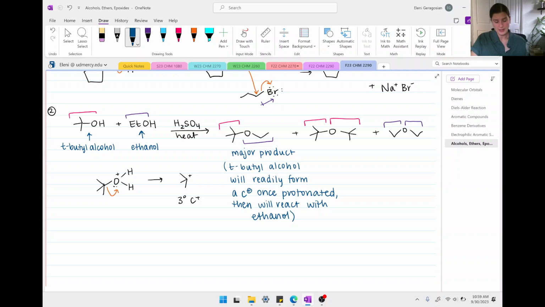So although there's three possible products, forming that carbocation on tert-butyl alcohol will form quickly, and then it will react with the ethanol and form this major product, which is ethyl tert-butyl ether.